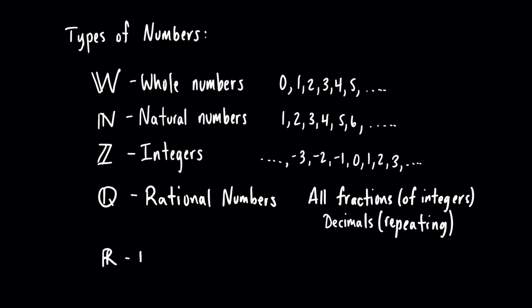Then we've got the real numbers. This is any number that falls into one of these 4 categories. So it's essentially any number you can think of, with the exception of the imaginary numbers.